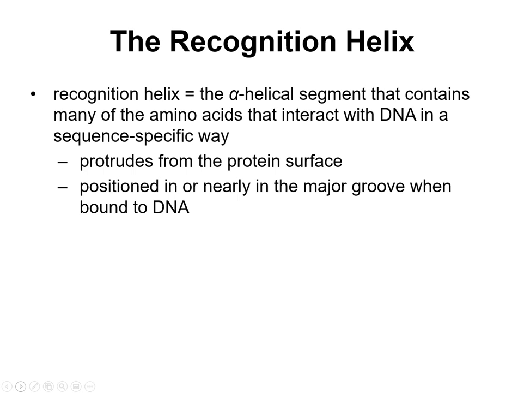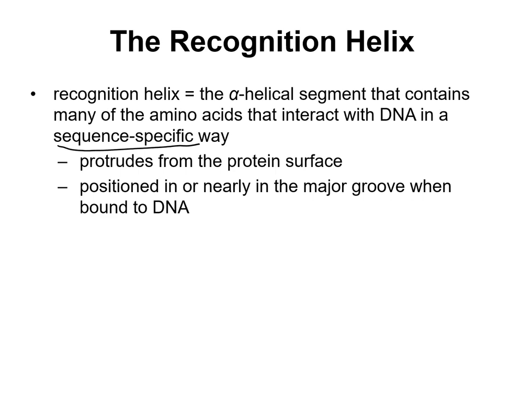Within the helix-turn-helix motif, there's what's called the recognition helix. And that's the alpha helical segment that has many of the amino acids that actually interact with the DNA in a sequence-specific way. Emphasis on sequence-specific. You can have other interactions outside of that recognition helix, but that may just be for general DNA binding, more towards the backbone versus the specific sequence of the DNA itself.